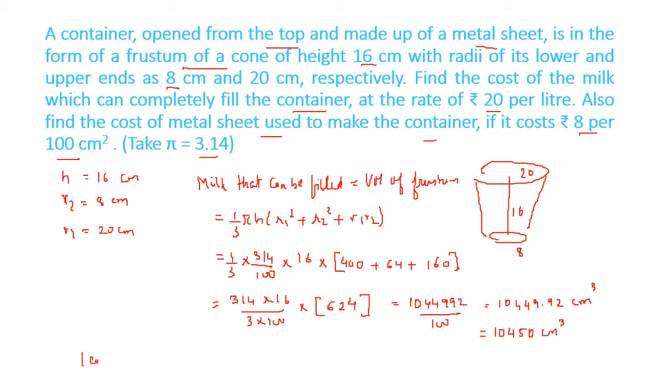Now 1 centimeter cube is equal to approximately 1 ml. So this will be equal to 10450 ml, or 10.45 liters. What is the cost of 1 liter?